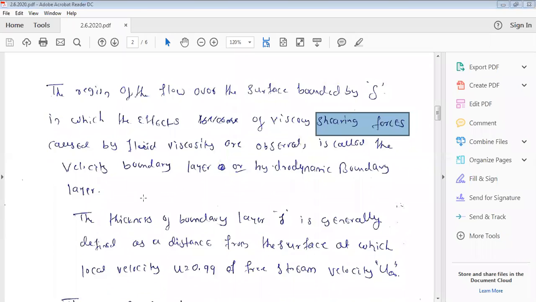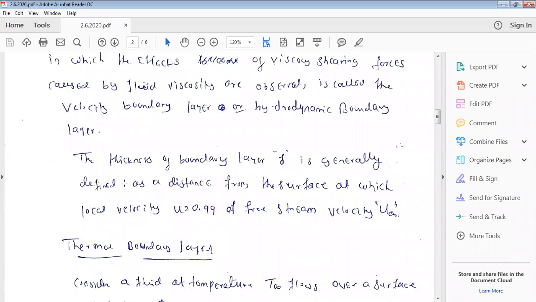Now, let us go further. The thickness of the boundary layer delta is generally defined as the distance from the surface at which local velocity u is equal to 0.99 of the free stream velocity u infinity. What is the meaning of this statement?